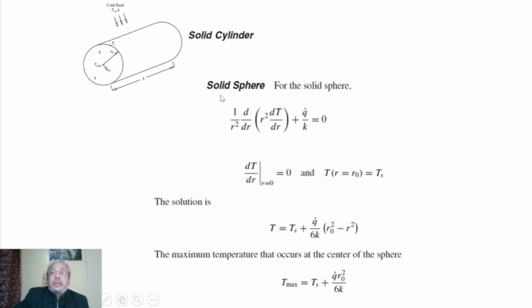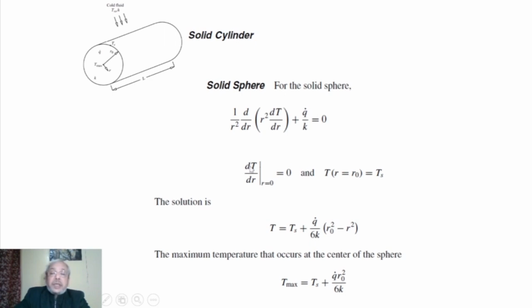If it is solid sphere, for the case of solid sphere, governing equation, I'm not deriving everything in detail. I'm skipping some steps. Since you have already done solid cylinder, you can fill in the blanks, so to say, the detailed calculation you may like to do. So this is the governing equation: 1 by R squared d/dr of R squared dT/dr, plus Q star by K equal to 0.